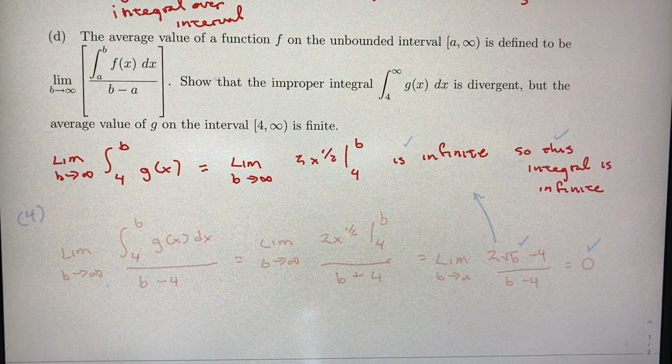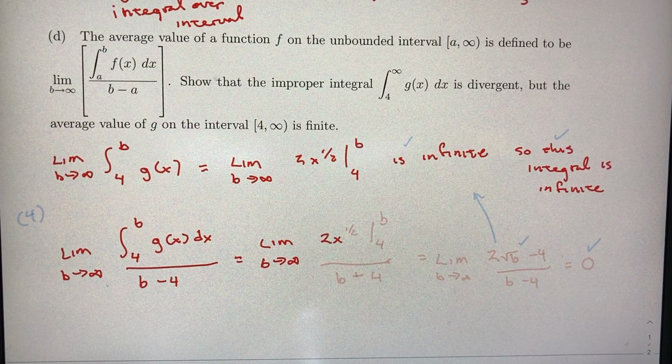However, when we do the average value, we have the limit over something that also goes to infinity. Notice you have a higher power in the bottom, so this is going to be 0.